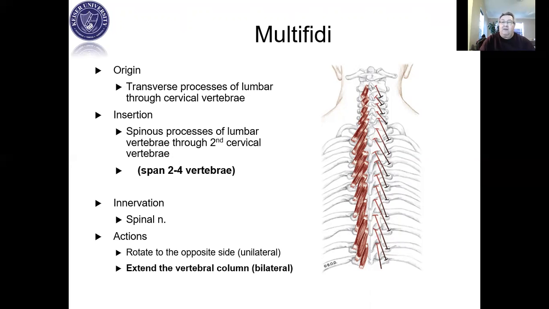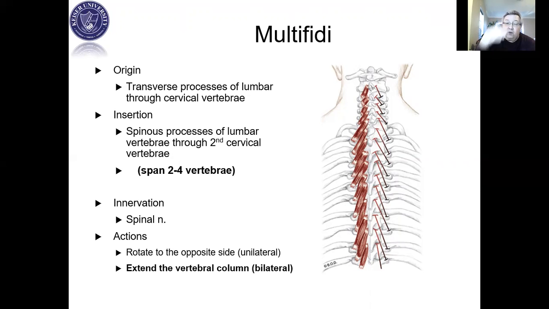But if you hear about the multifidi, what I want you to understand and know is that it is an extender of the vertebral column. So it helps extend the vertebral column. The location of it is that it spans 2 to 4 vertebrae.